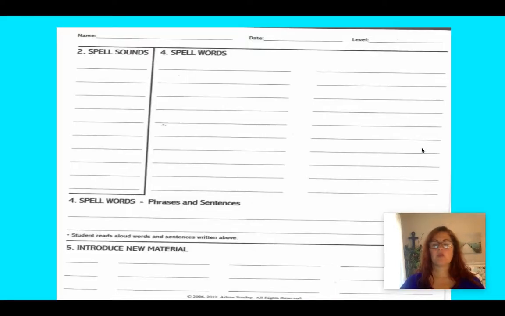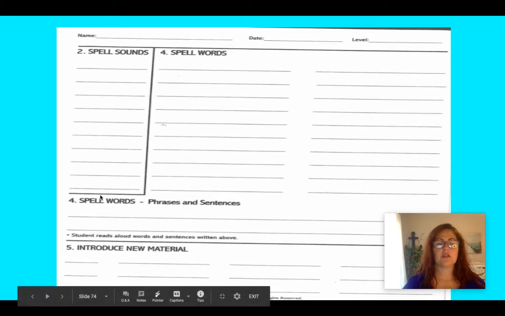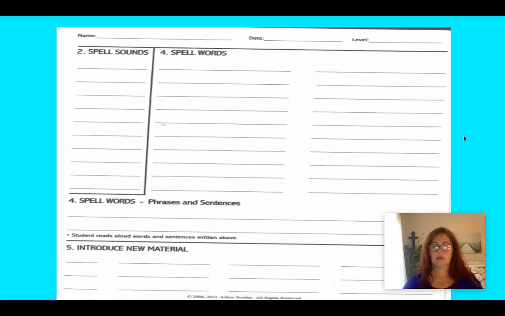Okay, so right here in the Introduce New Material section, you see those three little lines right there. I would like for you to write E, and while you're writing it, say E says eh.